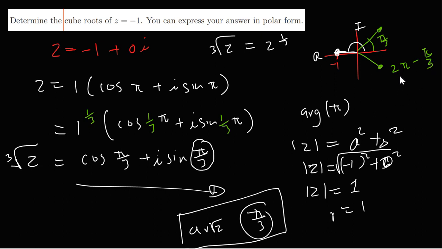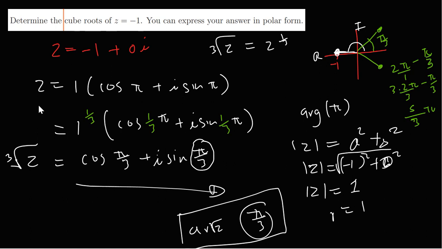Then we're going to multiply by 3 both here and here, also the denominator, and you're going to have 3 times 2 pi all over 3, then minus pi all over 3. Then you have a common denominator. Then this is 6 pi, this is 1 pi, you're going to be left with 5 pi.